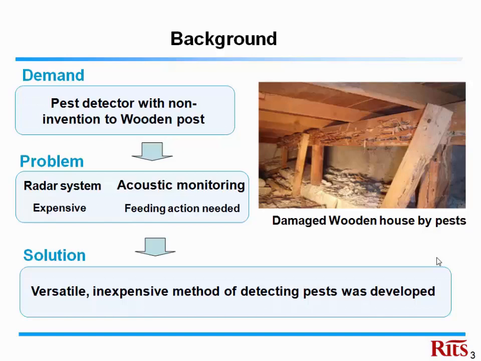The latter is only applicable when the pest is actually eating the wood. So a versatile, inexpensive and easy to use detection system is desired. We applied our capacitance variation detector to detect the pest inside the wood, and we got successful results. I will show the detail.